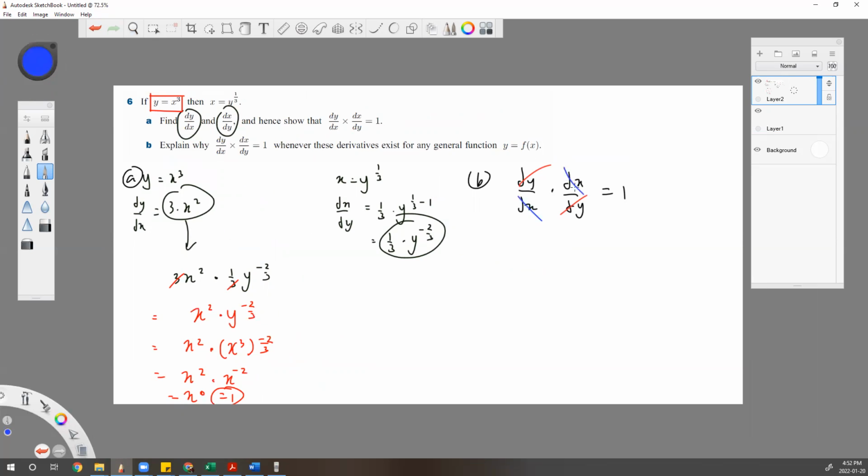That's the explanation, because they cross out one another, as in a simple fraction multiplication.